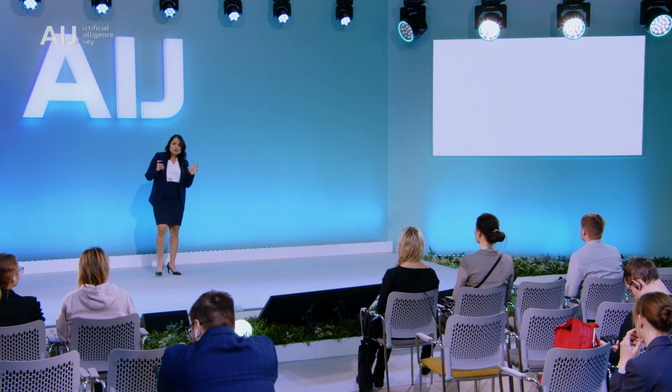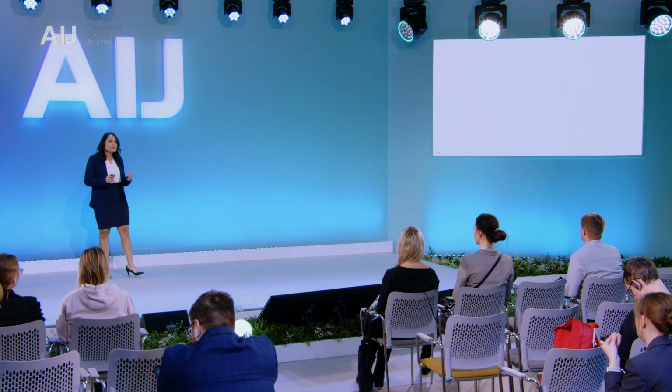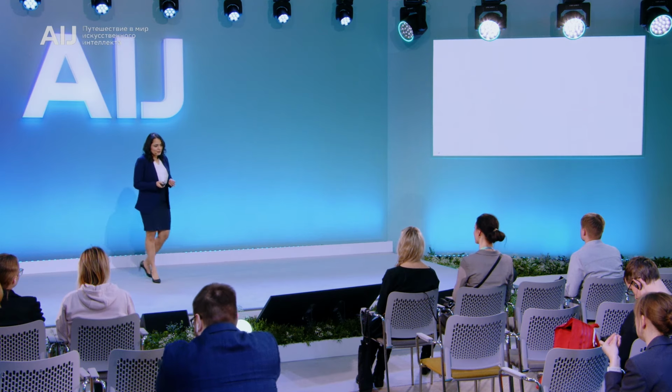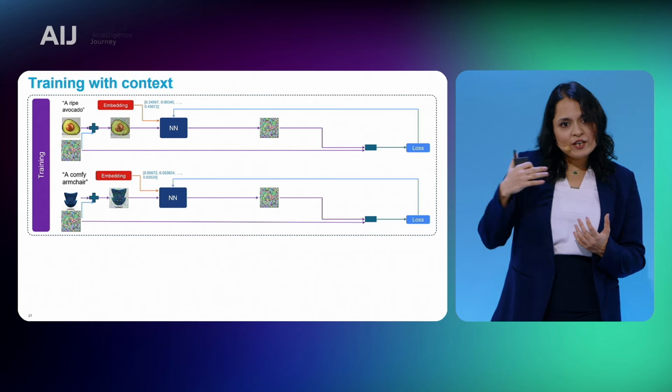Now, how do you use the concept of embedding and diffusion, which we learned, to actually create text to image? We already understood that part about how we start with a noisy sample and train a neural network.